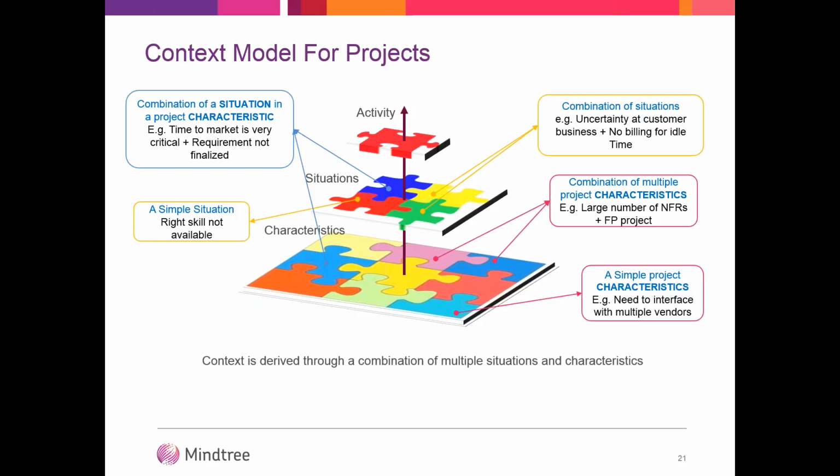So we have actually created this model where, since we have been largely focusing on projects that we execute, we look at that project from the standpoint of characteristics and situations. And we have created a repository of such characteristics and situations from past projects as well. And based on the profile of the user and based on the activity that he or she performs, we look at various characteristics and situations to suggest the right information to the user so that the user can take a better course of action.